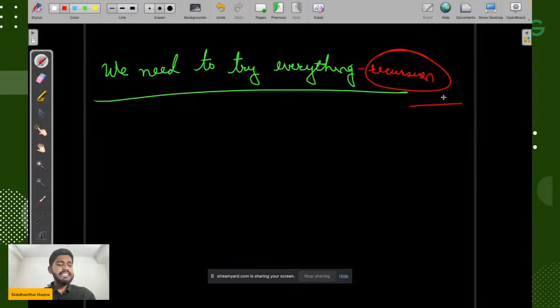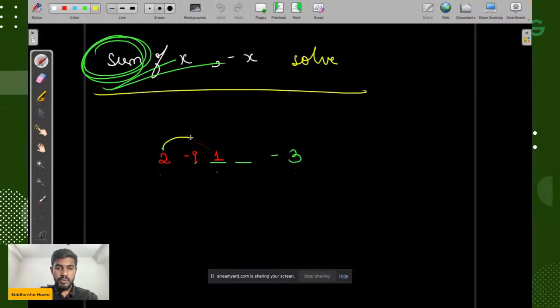Okay, so in a recursive approach, suppose I am visiting this path 2, 1 and -3.